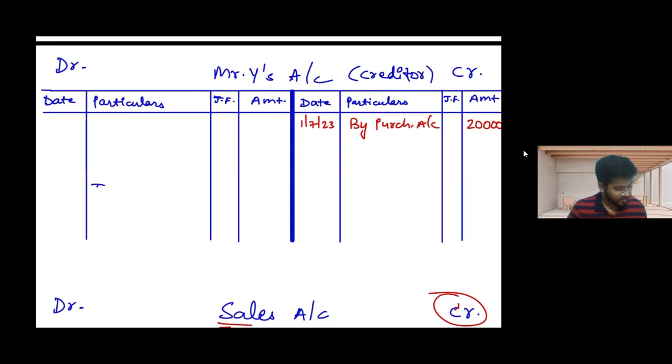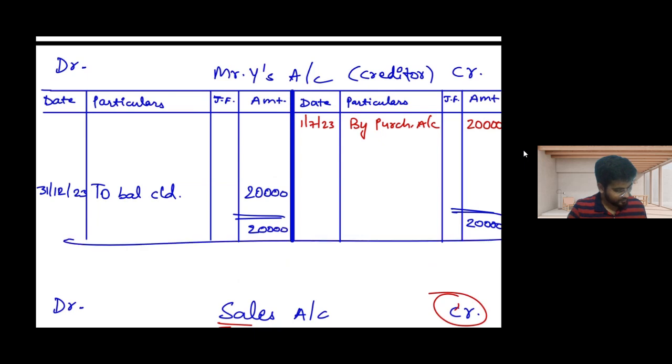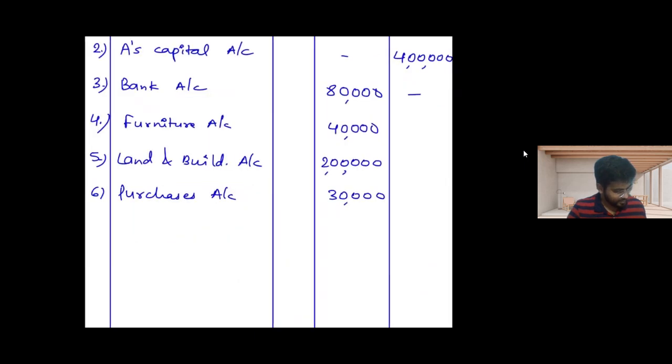So this will be by balance carried down on 31st of December 23, and the amount would be 20,000, because on the credit side the total is 20,000. So Mr. Y's account has a credit balance of 20,000. I will write on the credit side of the trial balance, this is my creditor, 20,000.